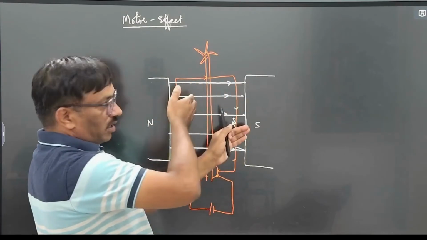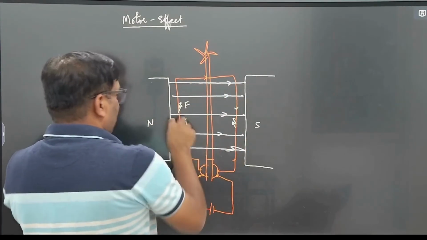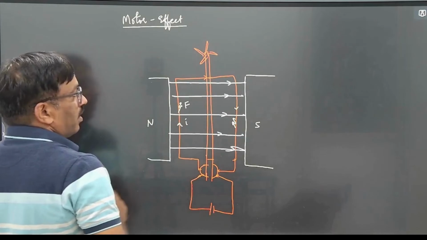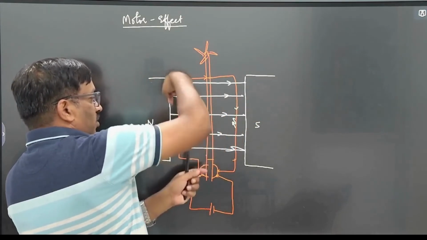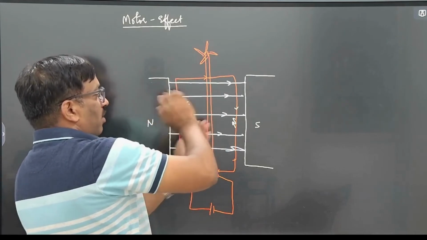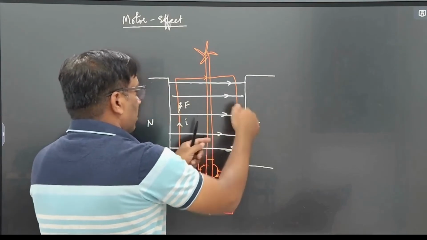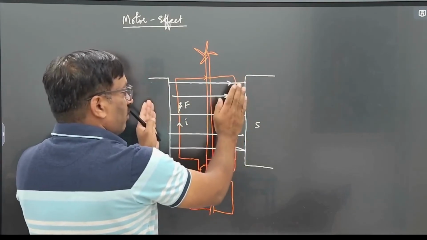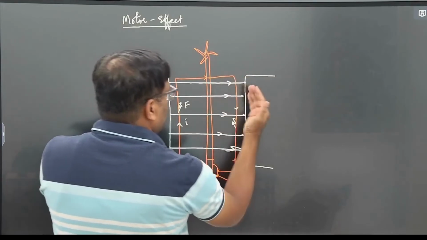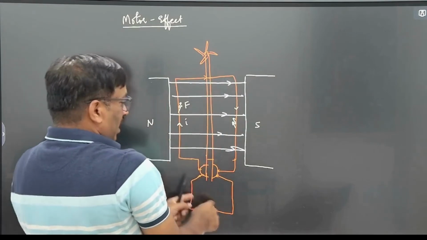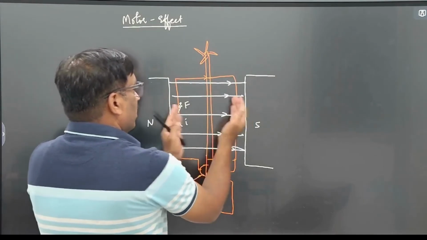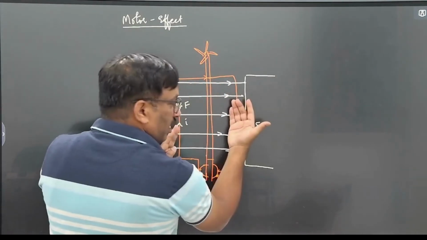When it gets turned, the current direction should again remain the same. If not, when this part comes here, the current direction will be like this, that means the current direction is upward again. Upward means again it will turn back, so it will come here, and again come here.